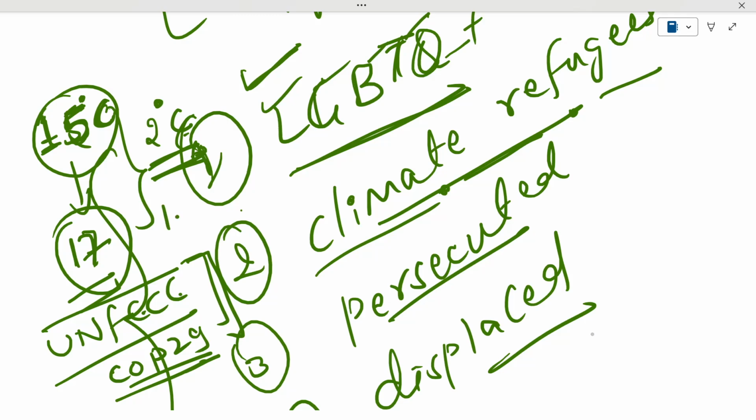The talks have been going on to prevent the world from breaching 1.5 degrees centigrade. But while we were debating it for so many years, we have already breached the temperatures.